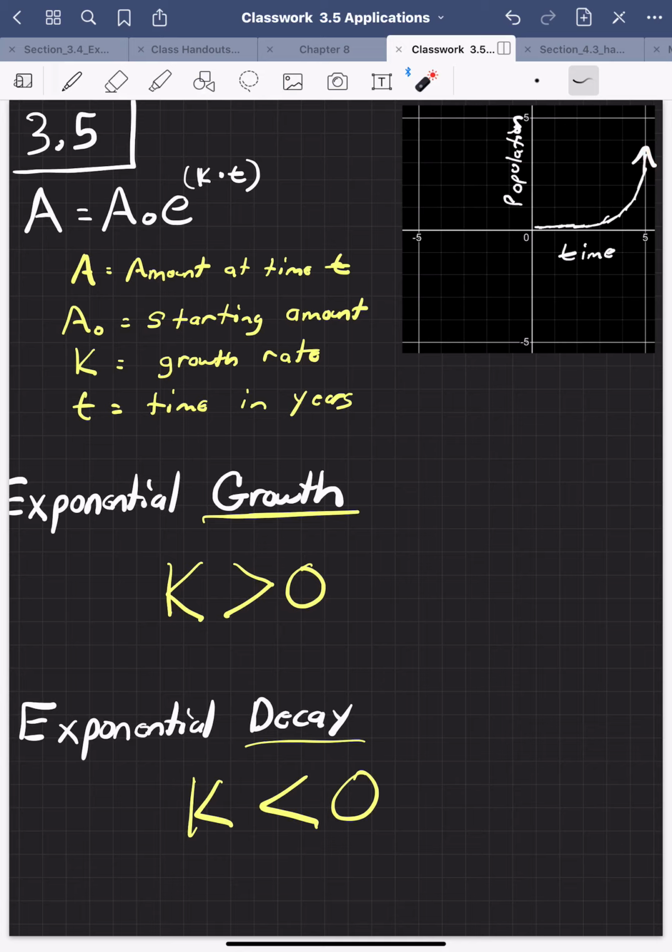Well, if we start winding back the clock, you have 2020, let's just go with 7.5 billion.